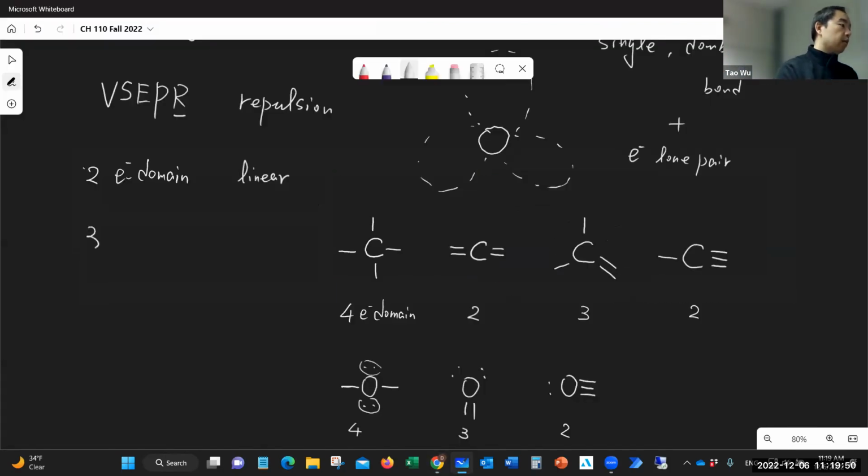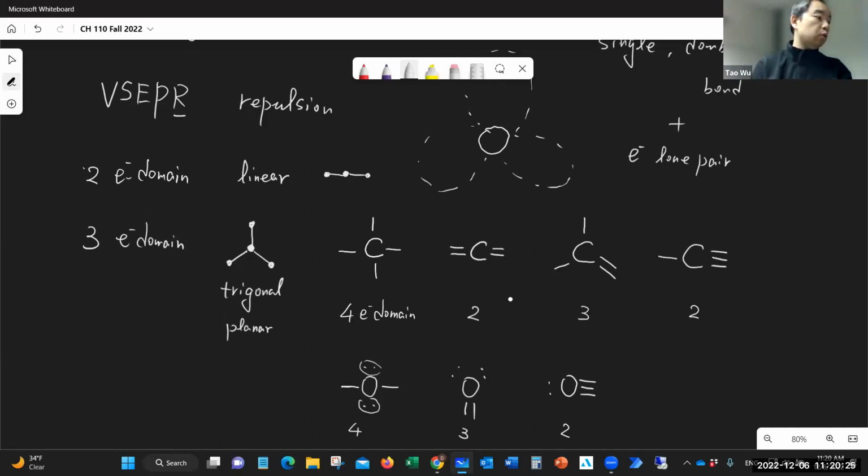But if you have 3 electron domains, we have a central atom and 3 side atoms, and then it will look like this. This is called trigonal planar.